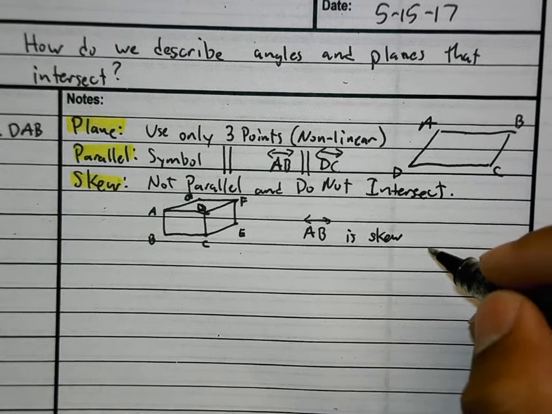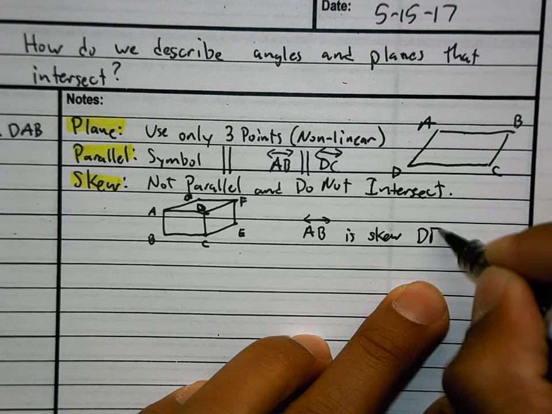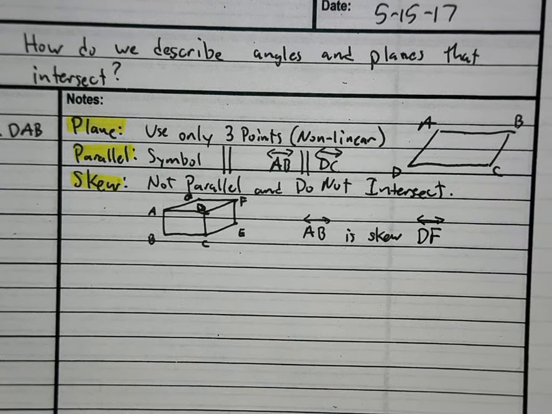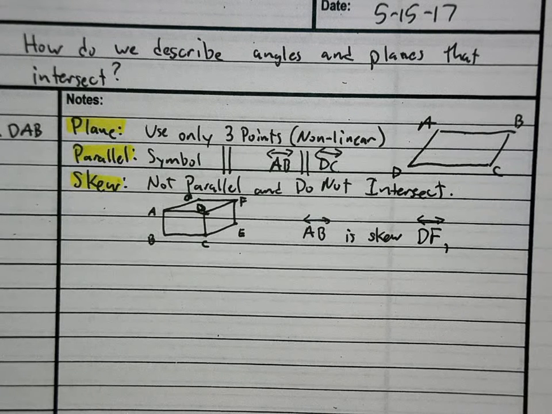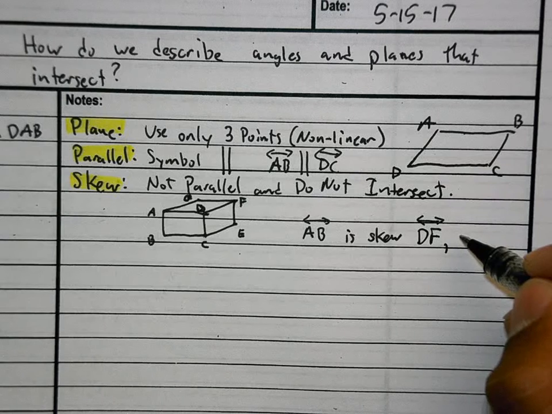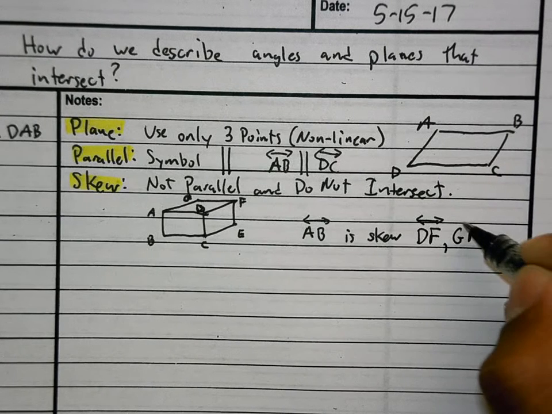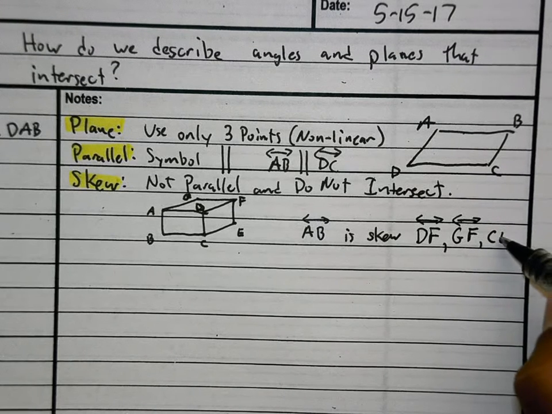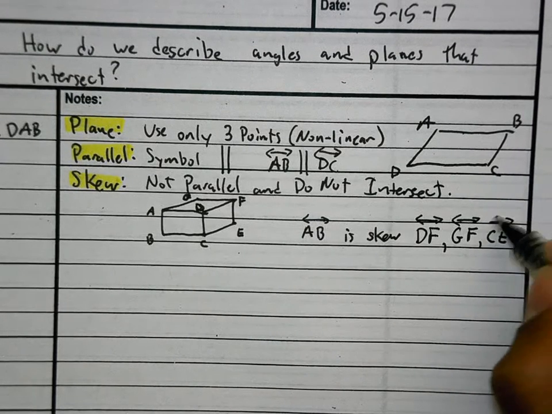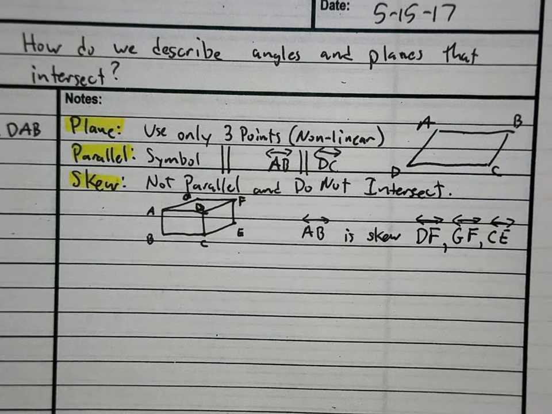Rachel? Line DF. DF works. I'm going to give you another example. AB is skew to DF. It's also skew to, somebody says GF. I heard that. I agree. And I see CE, not CD. CD is parallel to it. And those are my only three, I think, that are skew at this point. Okay?